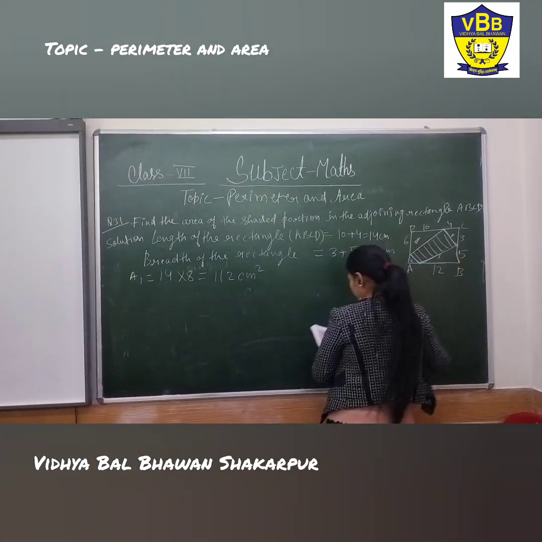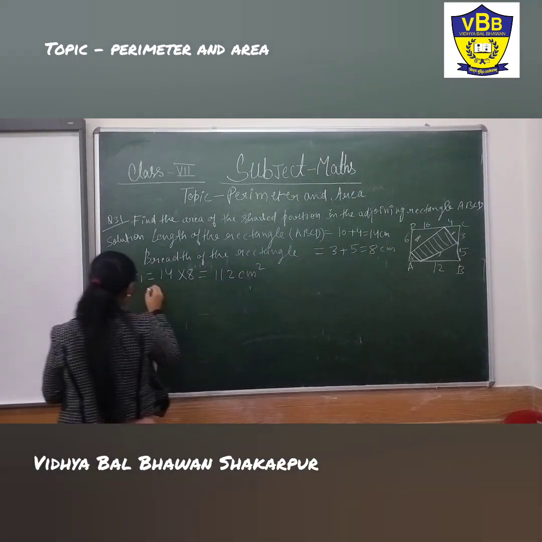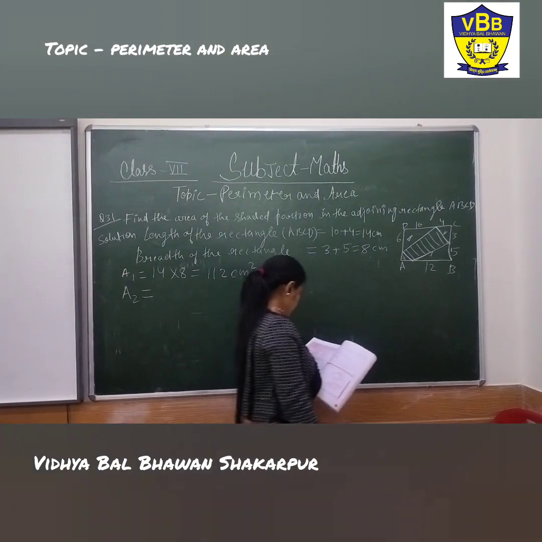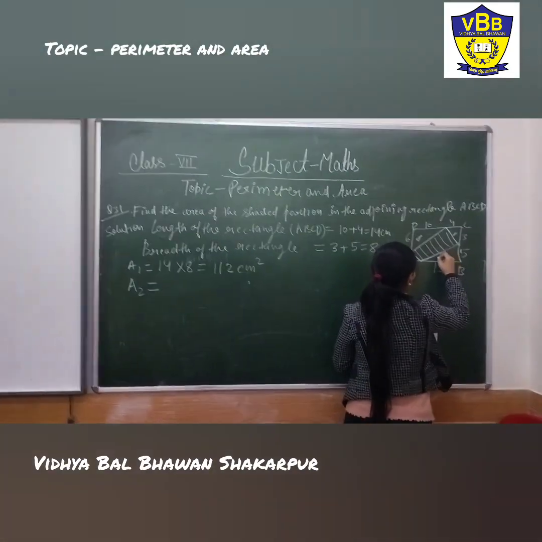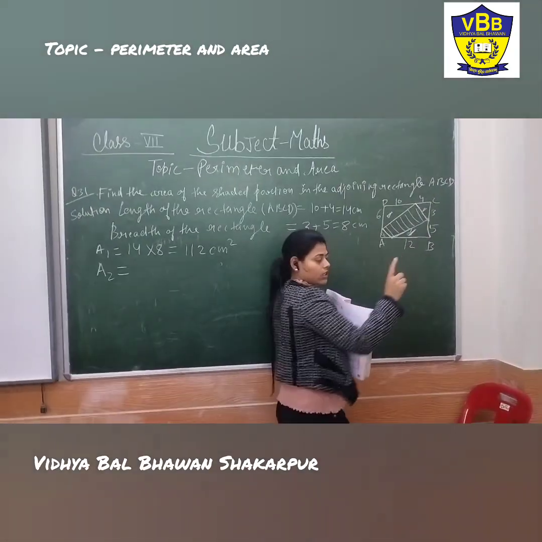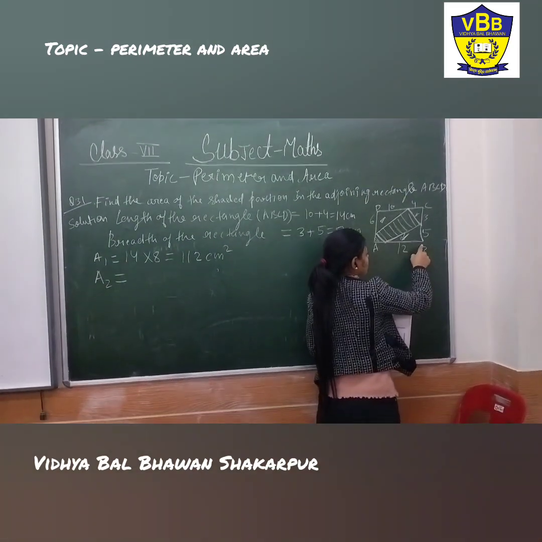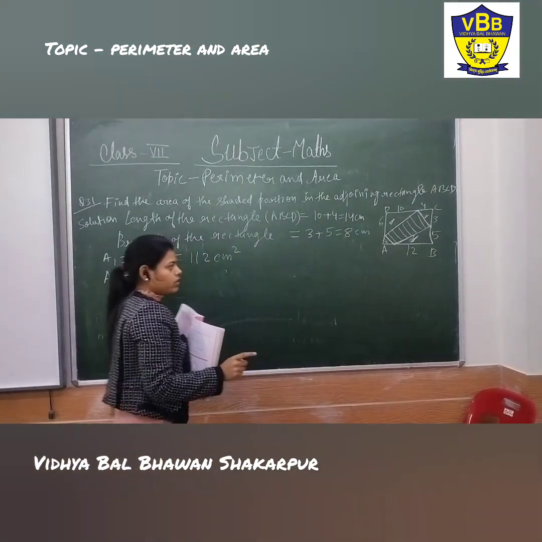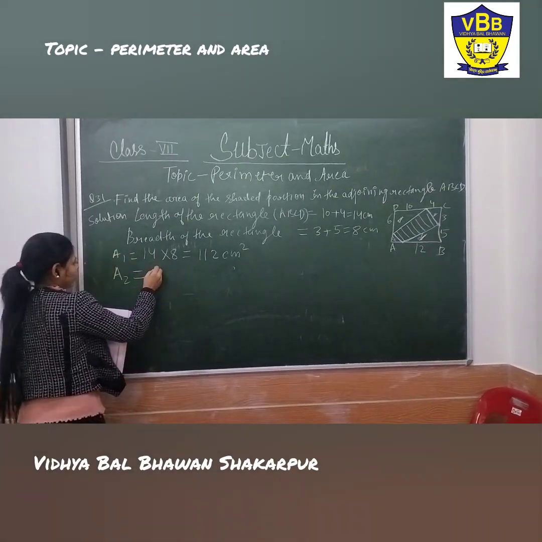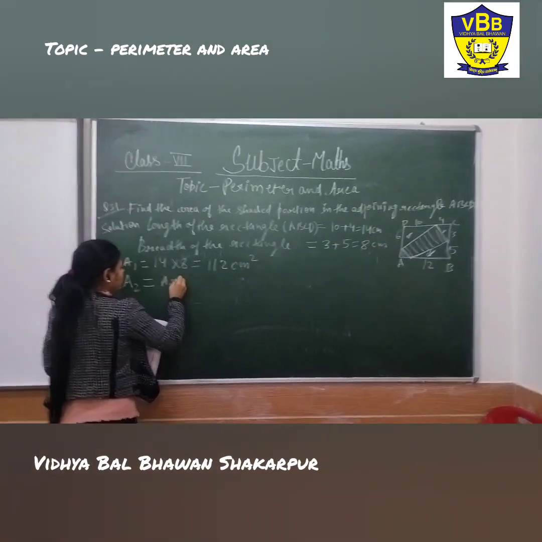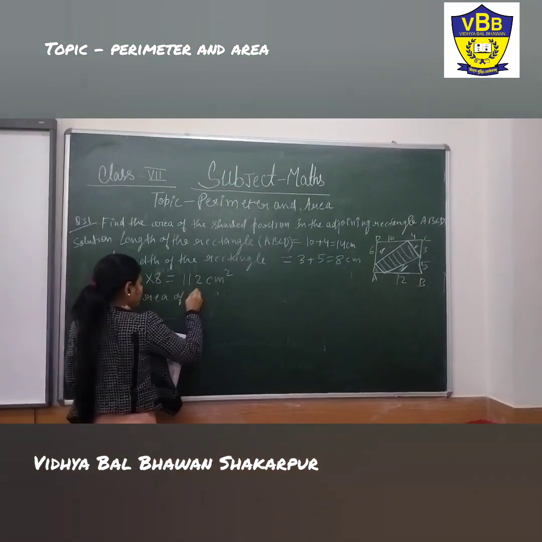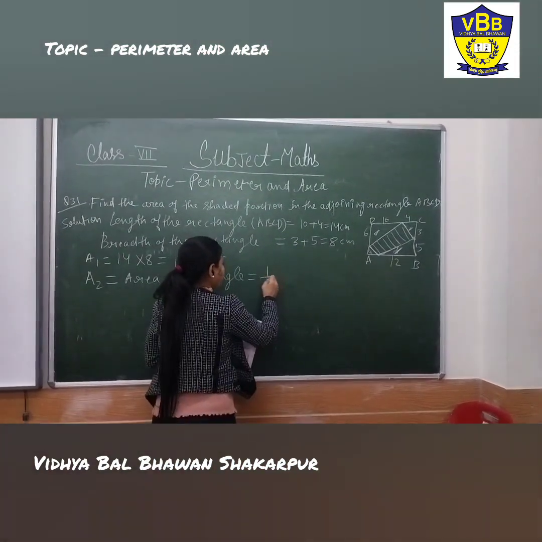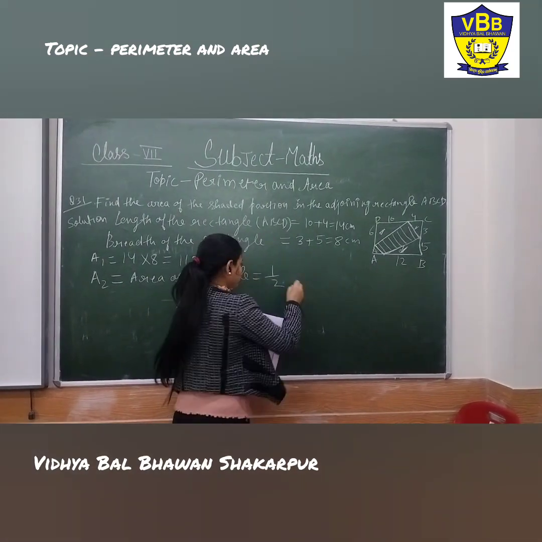Those are given here. I am taking now A2, and as you can see, this A2 is nothing but this triangle. The breadth of this is 12 and the length is 5, and the area of a triangle is equal to half base into height.